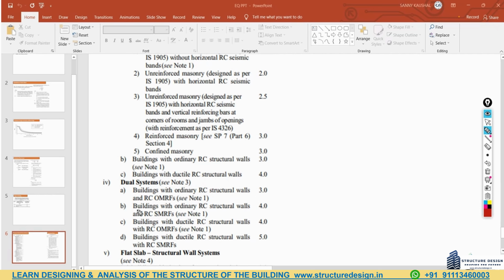Like that, if you are using a building with ordinary RC structural wall and with RC special moment resisting frame, in that case you have to use R as 4. So for different structural systems, we have different R factors also.